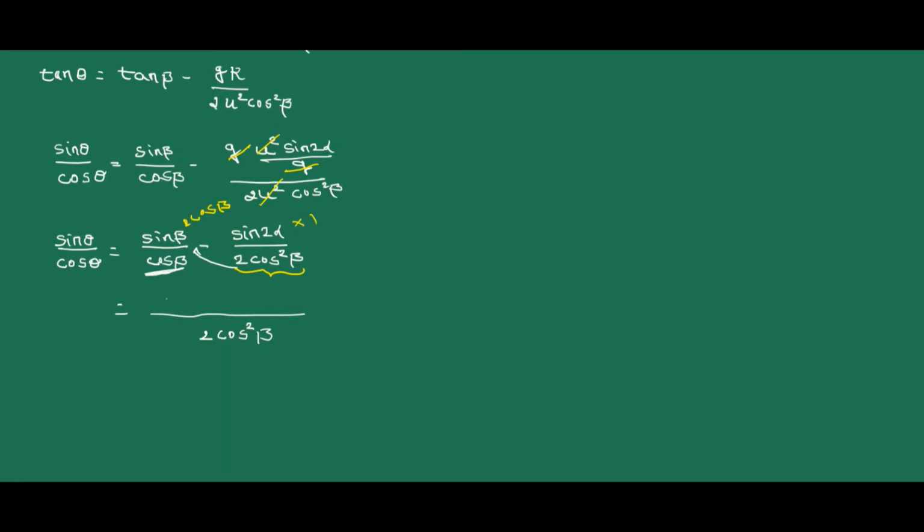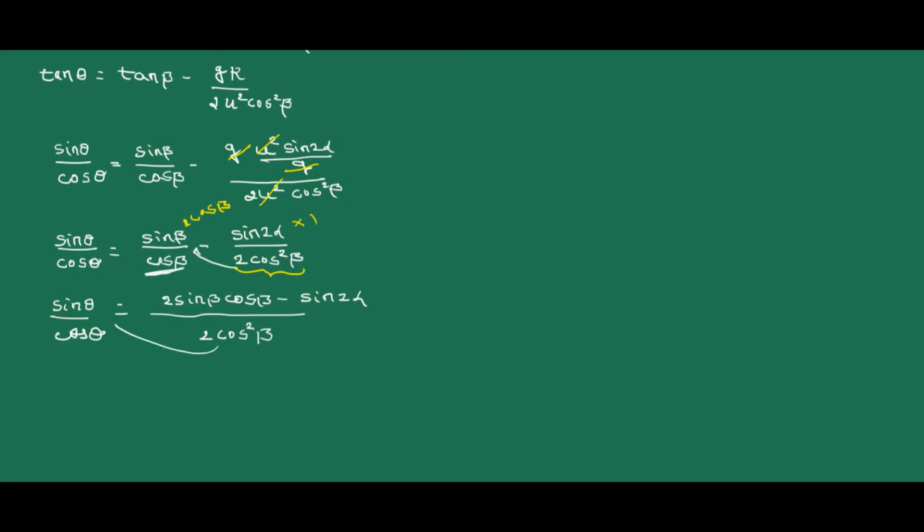So we get 2 sin beta into cos beta minus sin 2 alpha. Left hand side we have sin theta divided by cos theta.